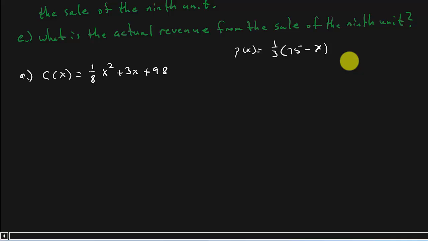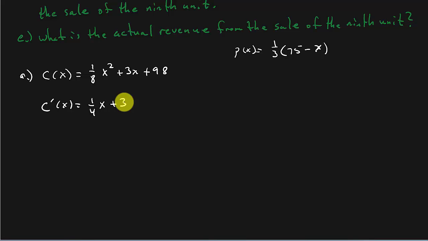All right, so for the marginal cost, that's just taking the derivative of the cost function. So C prime of X is equal to 1/4 X plus 3. There's your marginal cost. Now we want to find the marginal revenue.